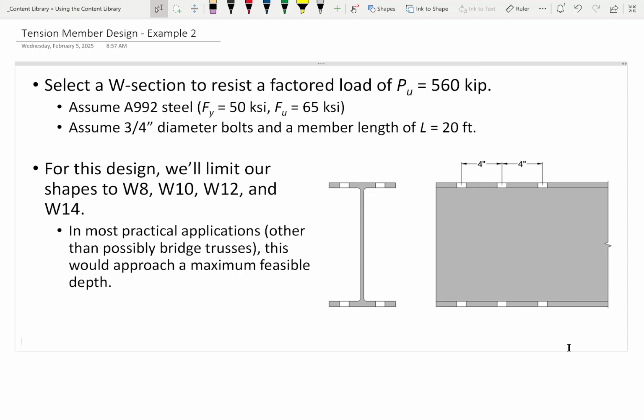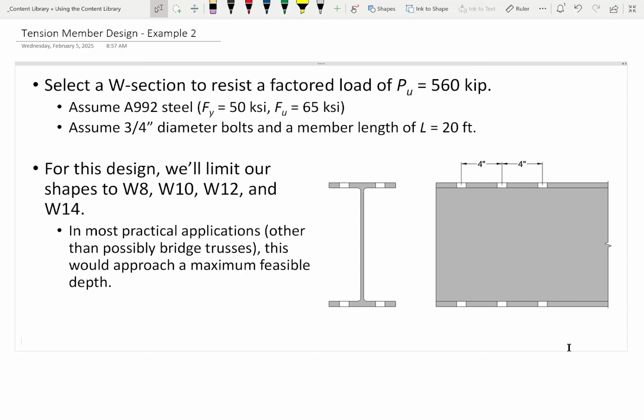Long story short, they're hidden, right? The architect doesn't want braces right through the classroom. It'd be kind of awkward if I was teaching and there was a big old brace right here, right? So the braces are hidden, okay? So in most practical applications, you're not going to have a W section that's 40 inches deep acting as a tension member brace. That's not going to happen.